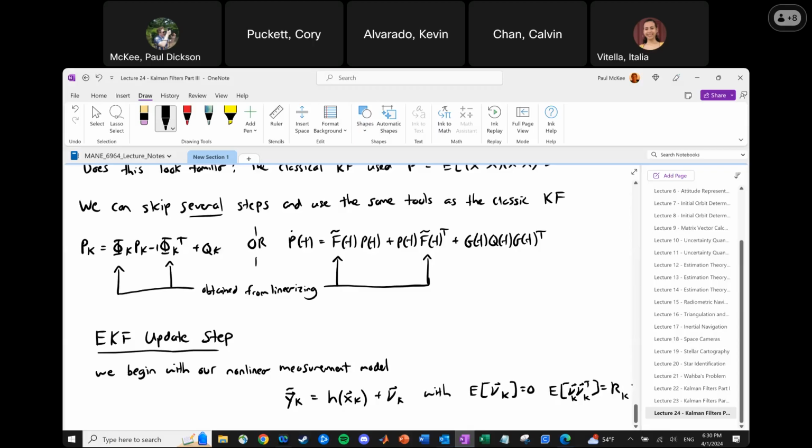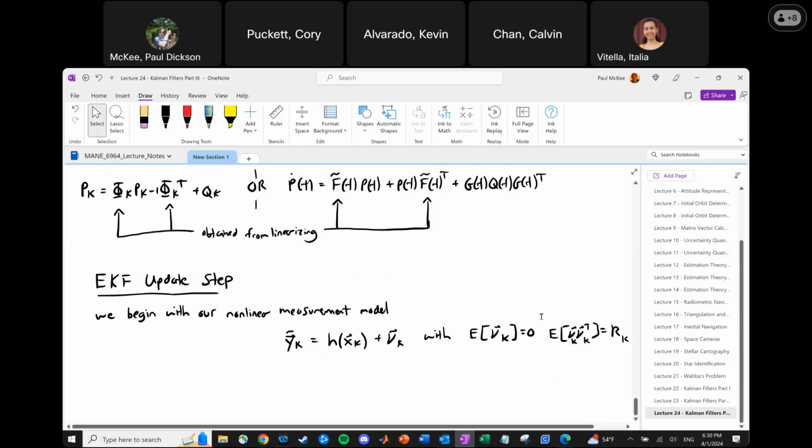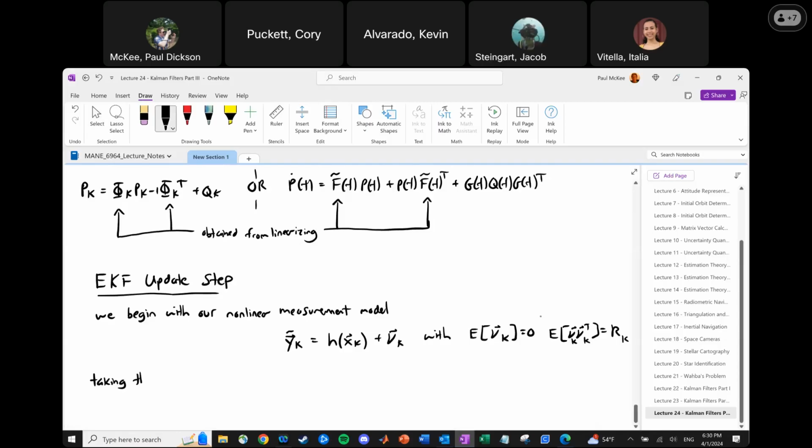All right. And so you might be able to see that what's going to happen again is we're going to get this into a linearized form. In this case, it's going to be the derivative of h with respect to x, and then ultimately go right back to using our classical Kalman filter equations. So we'll begin by taking the expected value.